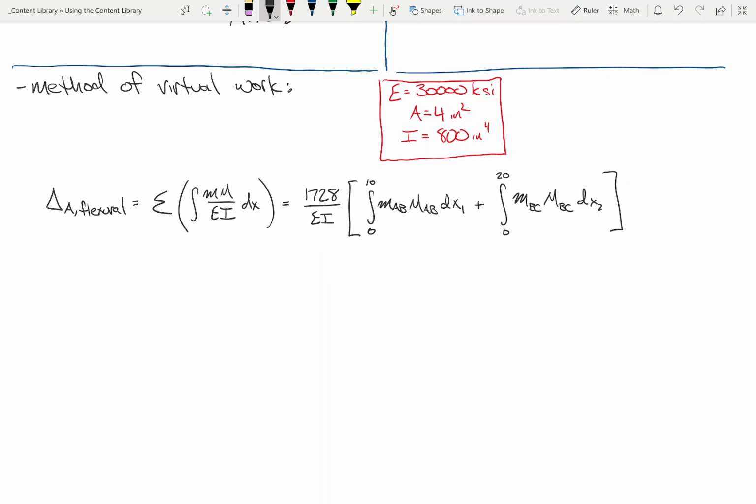And then I'm going to have one integral from 0 to 10 and one integral from 0 to 20. But we already know that this integral right here goes to 0. And that integral goes to 0 because one of the functions was 0. We recognize that. We didn't even bother deriving the other one, right? So what we're going to have to do is evaluate the following function, or the following integral.